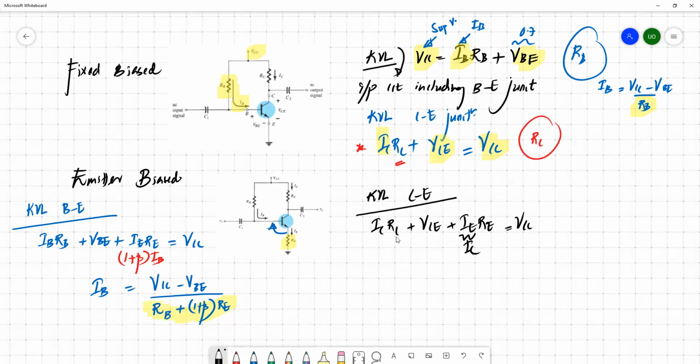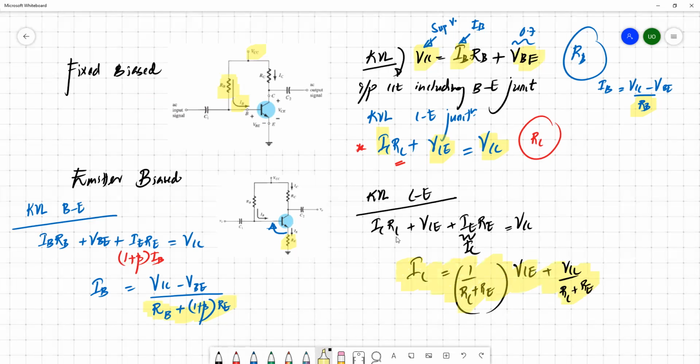So then IC equals minus 1 over RC plus RE into VCE plus VCC divided by RC plus RE. So this is the load line equation for this particular scenario.